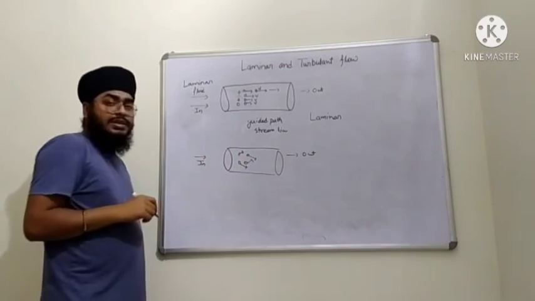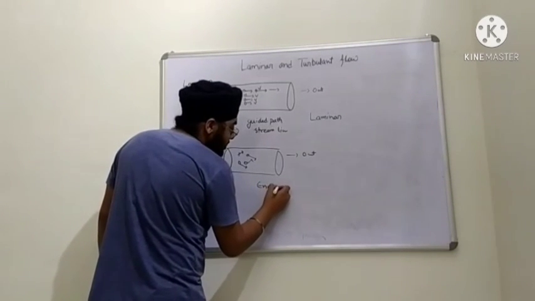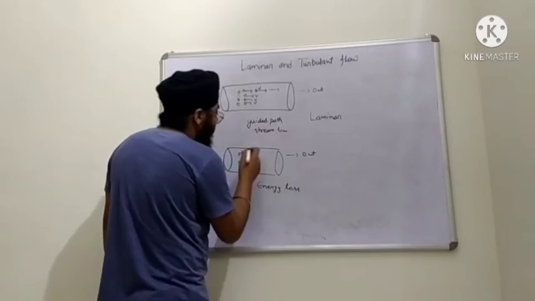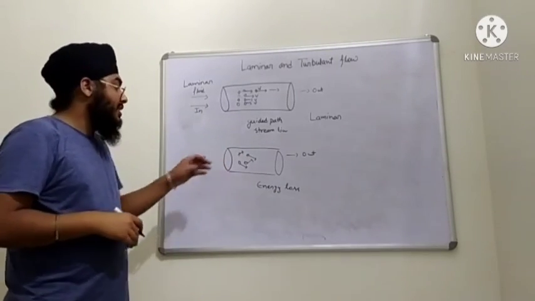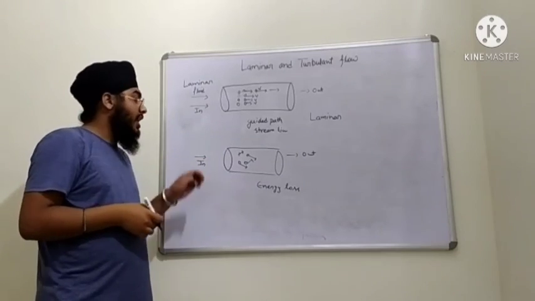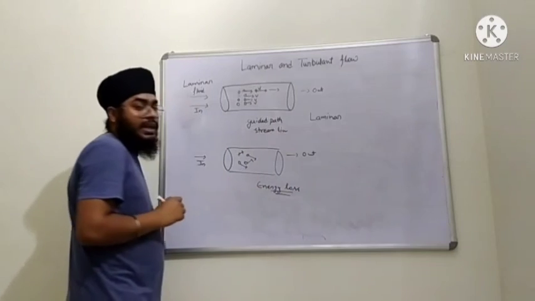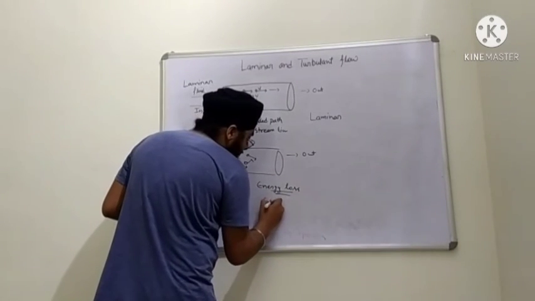Because of this, there will be a high energy loss, because as they move in zigzag positions, they will collide with each other. As they collide, there will be momentum transfer, because of which there will be high energy loss, and there could even be eddy formation.